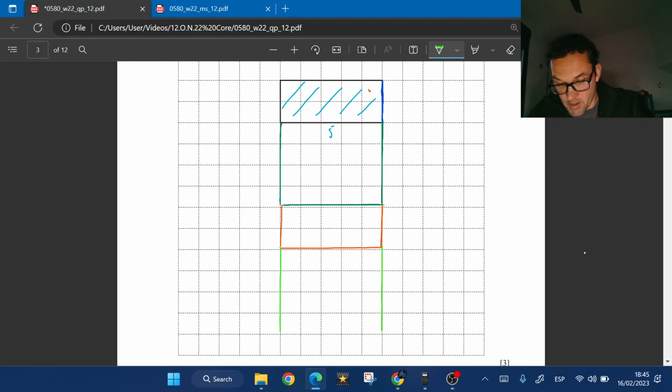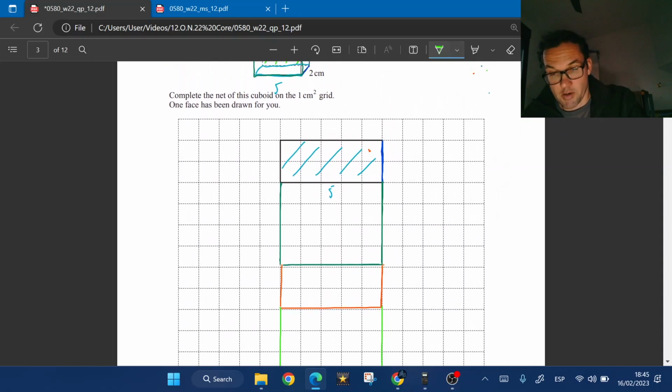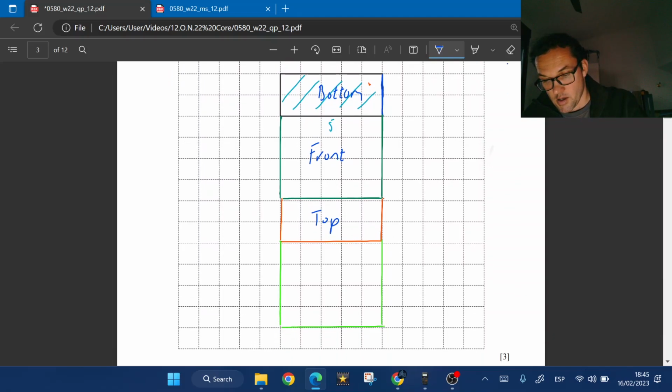And see how perfectly that fits into this whole thing. Alright, so did you get that? Let me write it down. This is the bottom. This is the front. This is the top. And that's the back.